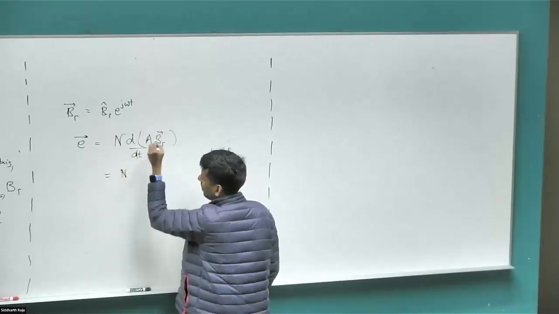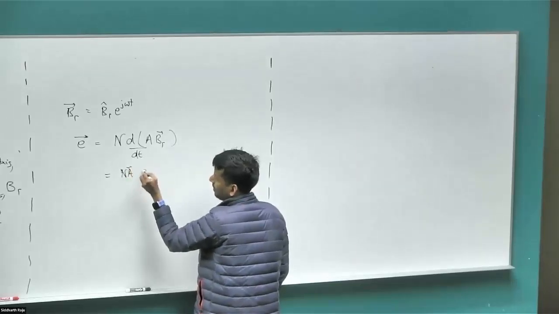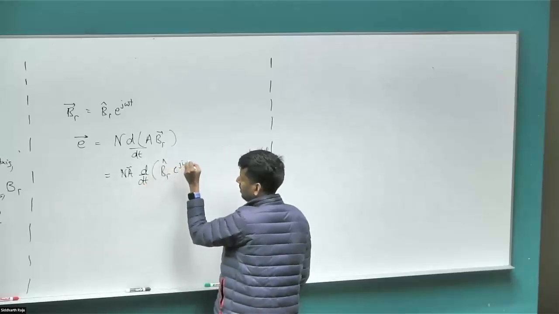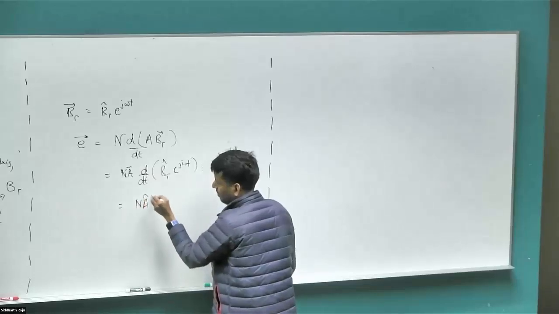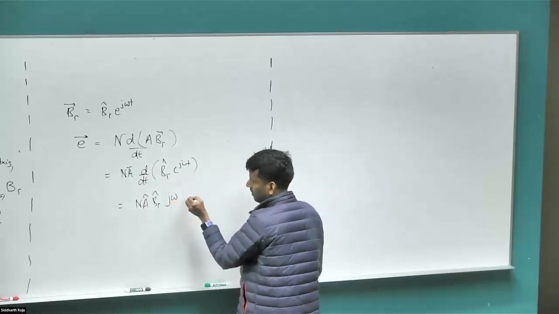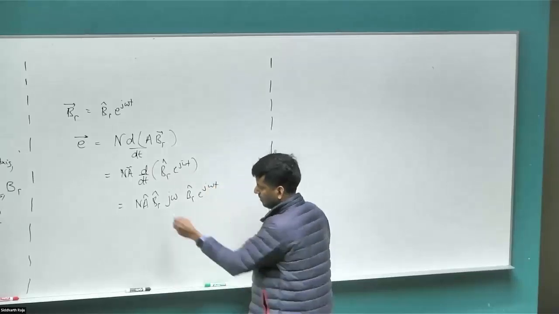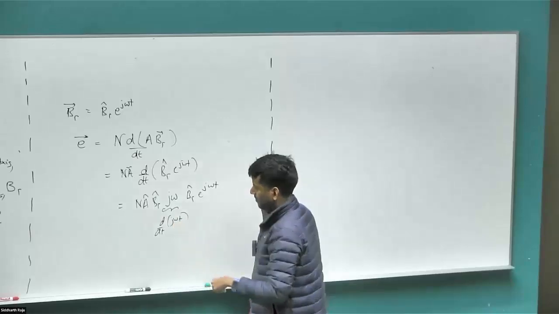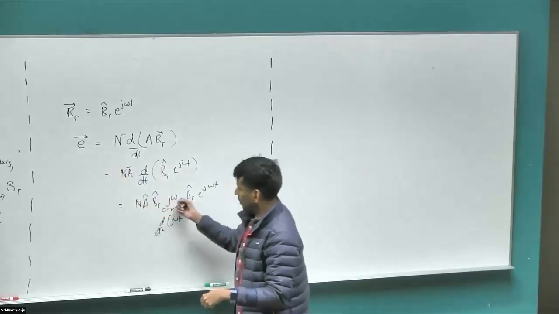So n times area, you can bring out the equivalent area, whatever that is, times d by dt of BR peak e power j omega t. If you do this differential, you end up with N A peak BR, and you will get a j omega outside times BR peak e power j omega t. This term comes from differentiating the j omega t term. And that's why your EMF is dependent on the speed.